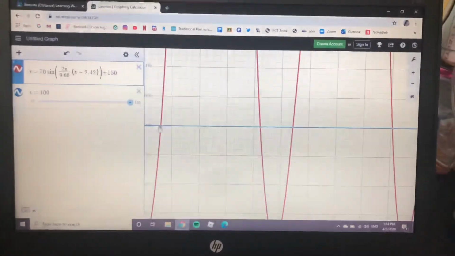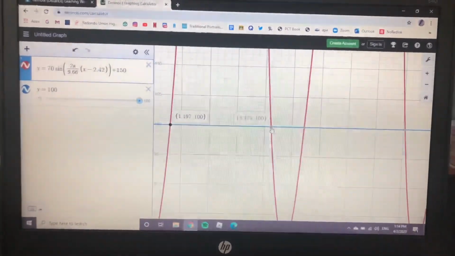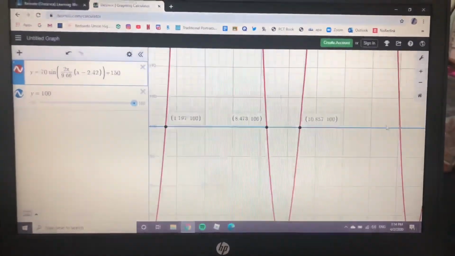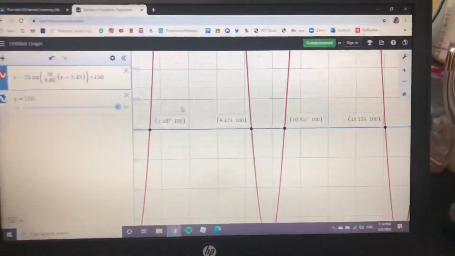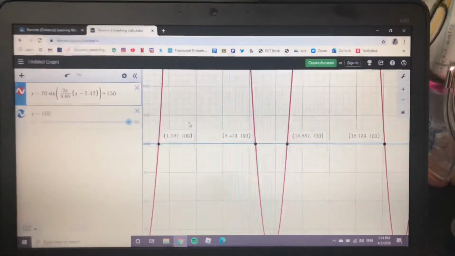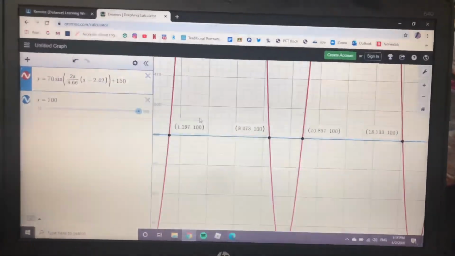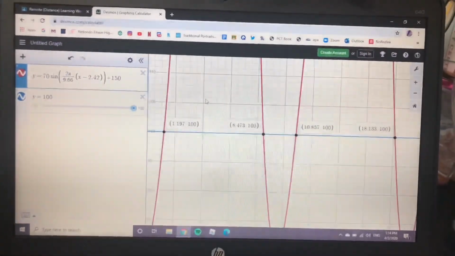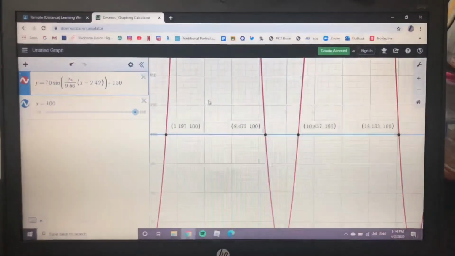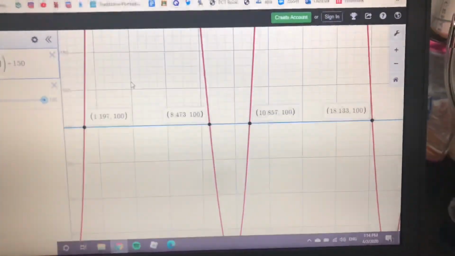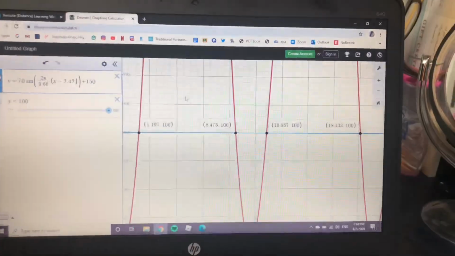And then from here we find that on these points from 0 to 20 minutes, the plane hits around 100 miles from the airport at 1.197 minutes, 8.473 minutes, 10.857 minutes, and 18.133 minutes.